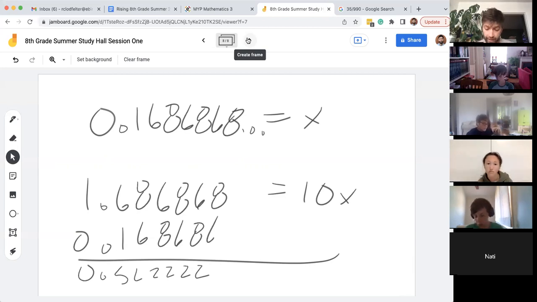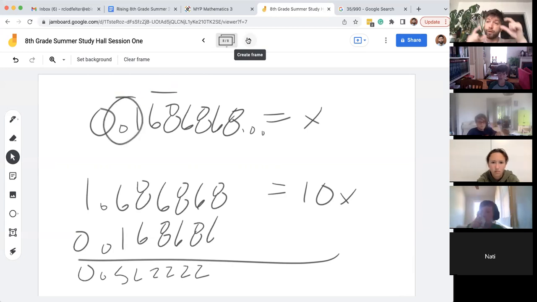So when there is a repeating pattern but it's not right after the decimal, I need to multiply to create two numbers that have a repeating pattern right next to the decimal, so I can subtract them, and then it becomes 0. Okay, I get it.